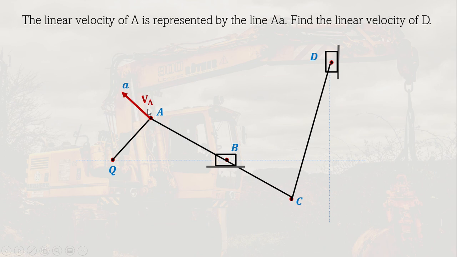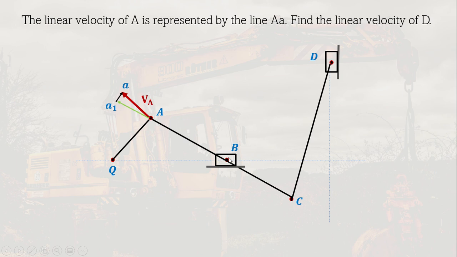So it will just depend where the point A and C would move. So here the velocity of A is known, and we also know its direction. So the direction is based on this arrow here, it's towards this direction. And we wanted to get the velocity of D when A is moving in that direction at this particular position. So applying the principles that we already know, we're going to resolve the velocity of A into the components joining the point to the other points that we wanted to get its velocity.